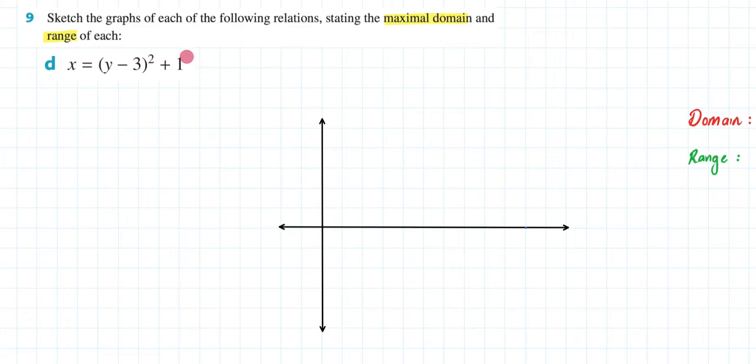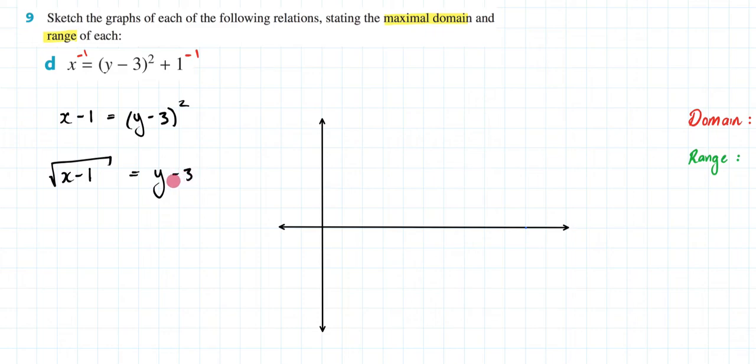So I'm going to minus 1 from both sides, which is going to leave me with x minus 1 equals (y minus 3) squared. I then am going to square root both sides, so I will have the square root of x minus 1 equals y minus 3. It's important to note that this is going to be plus or minus the square root.